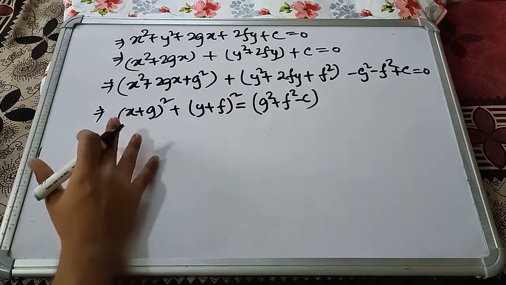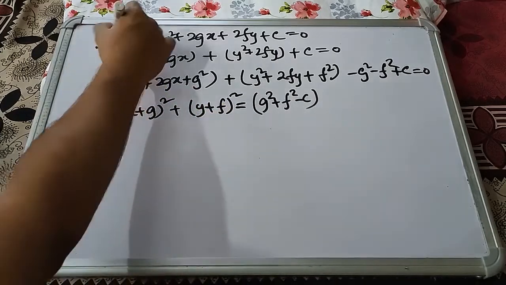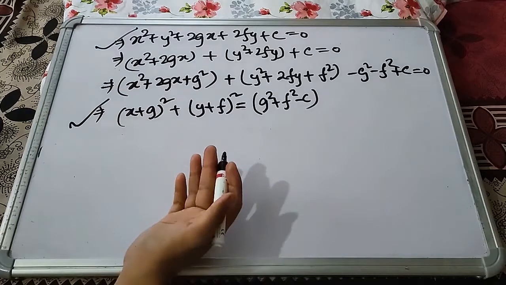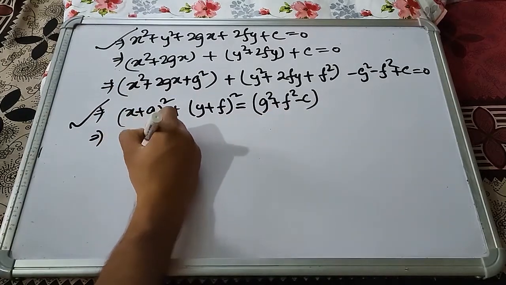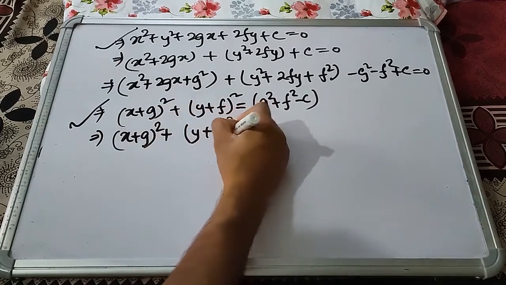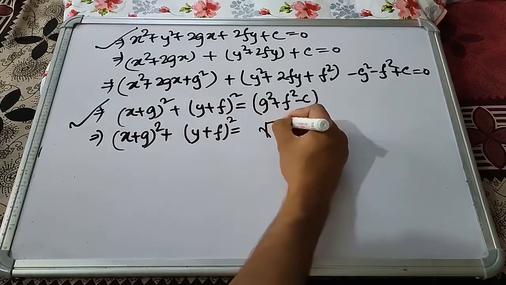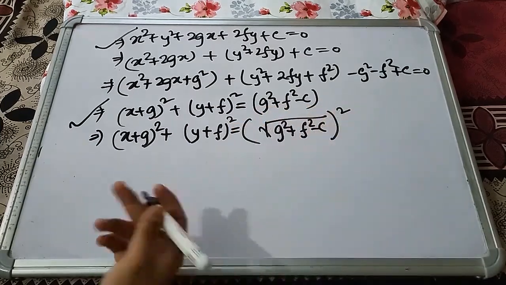So this is the equation of a standard circle in a different format. This is one format, this is another format. Both represent the same circle. We can even rewrite it a little bit more differently, like x plus g whole square plus y plus f whole square equals root under g square plus f square minus c, whole square, right? The same thing.